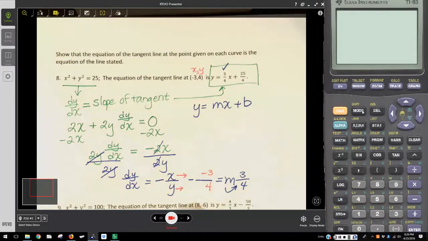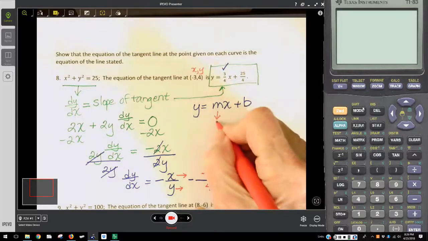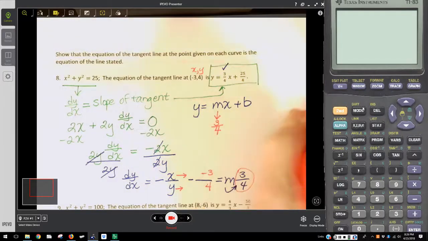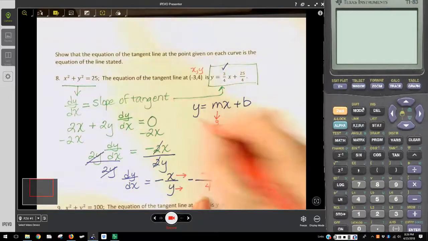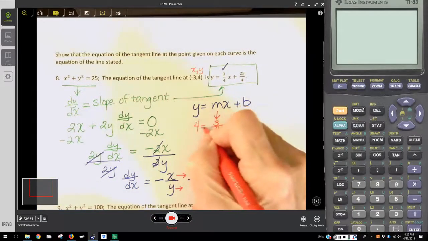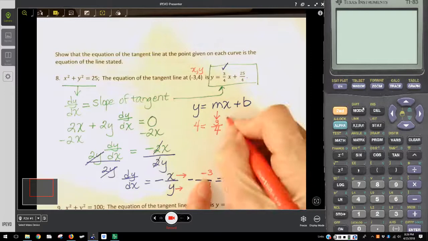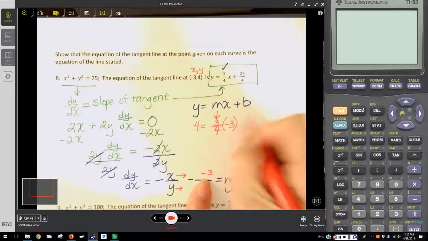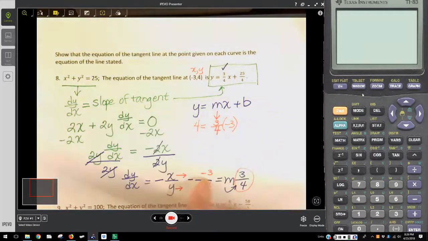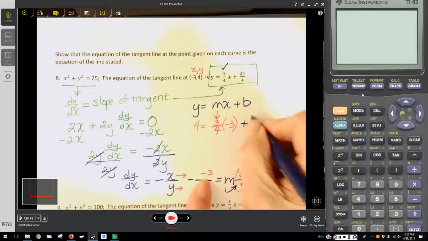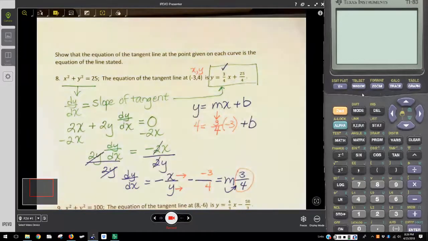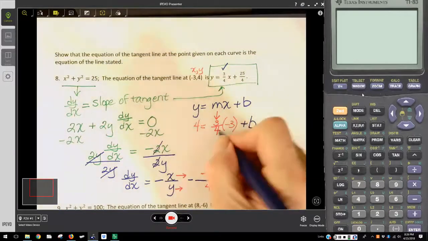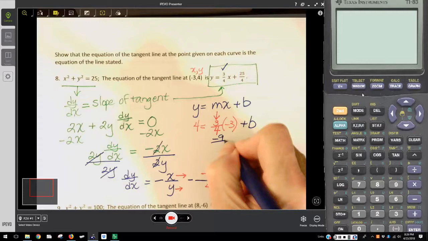So given that, we know the slope is 3/4. We know that y is 4. We know that x is negative 3. And the only thing we don't know is the value of b. So 3 times negative 3 is negative 9 over 4.